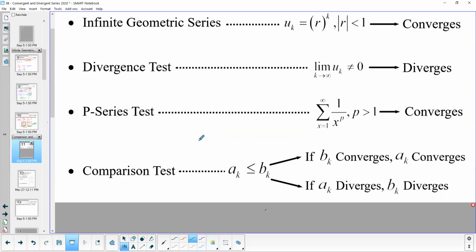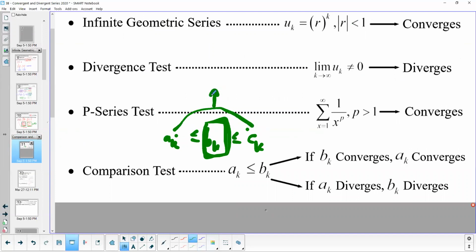We determined that if you were not able to evaluate an integral or some value, you were able to put it between two other values. The ones we looked at were a sub k, b sub k, and c sub k. And we said that if you can squeeze b sub k between a and c, you're able to evaluate the one in the middle, as long as these two values squeeze together to the same location.